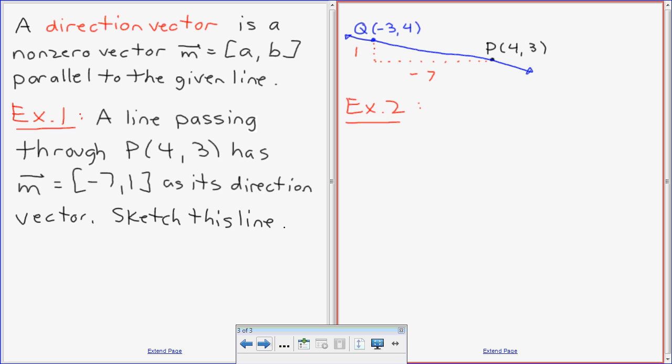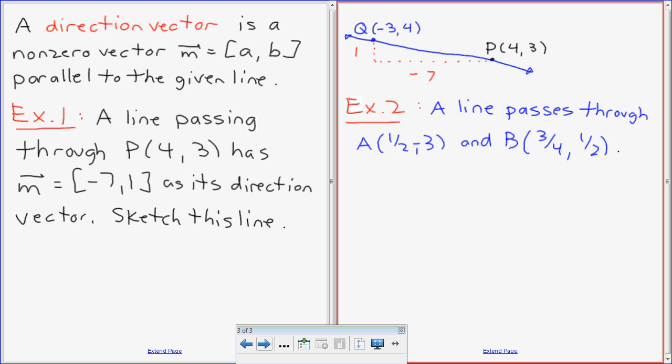Example 2. Here we go. A line passes through A, which is 1/2, -3, right? And B, which is 3/4 and 1/2.